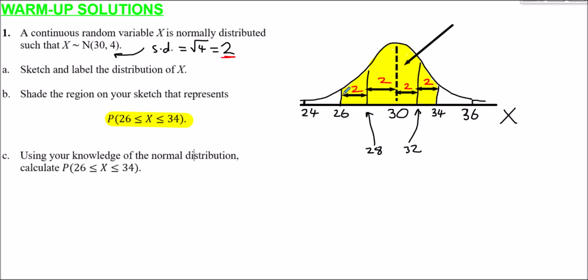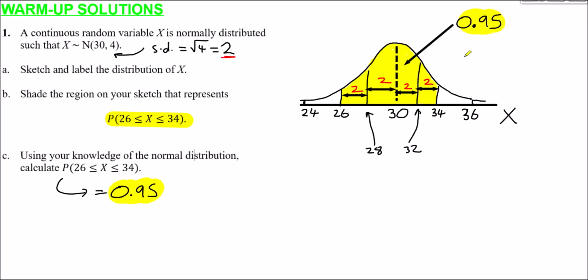So because 26 to 34 is plus or minus 2 lots of standard deviation from the mean of 30, this must be 95% of all of the probability. So this here, part C, that's 0.95. 95% chance.